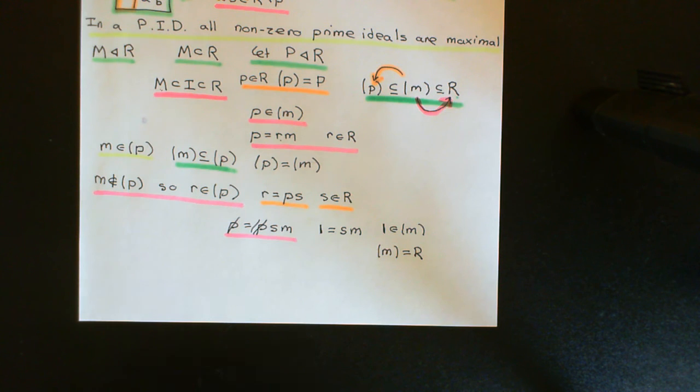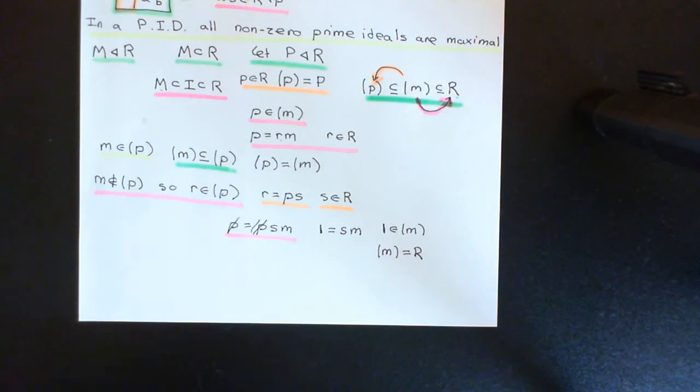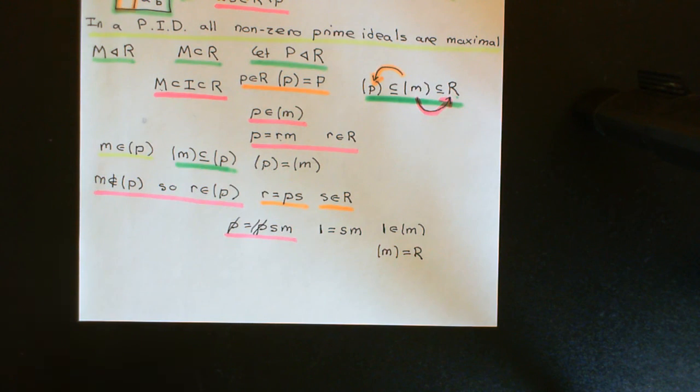It has to either be equal to the prime ideal or it has to be equal to the entire unit ideal. And that therefore proves that any prime ideal in a principal ideal domain is maximal. There is no proper ideal that is properly containing your prime ideal. It's maximal with respect to proper ideals.